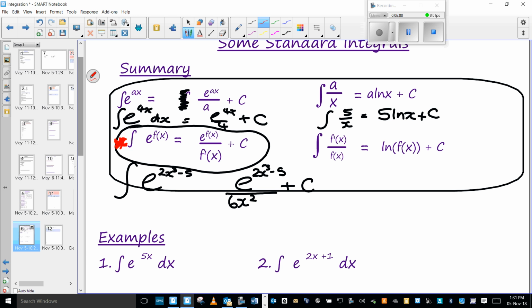And again, if you recall, it's the opposite of what we were doing when we're differentiating. When you're differentiating, it's that same thing multiplied by the derivative.